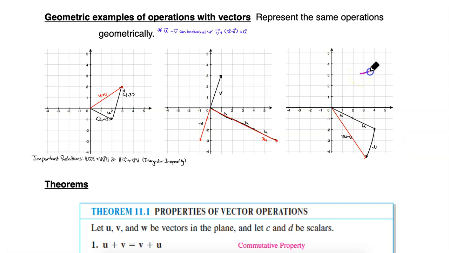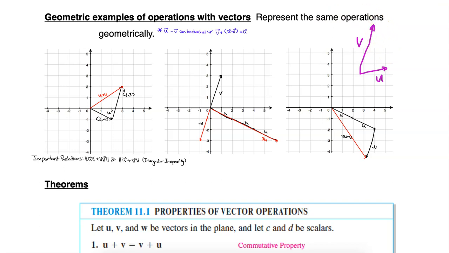Note that if you have a vector u and a vector v, the vector u minus v, so let's say this is u and this is v. Oops, that didn't work. So vector v, vector u minus v is this vector.